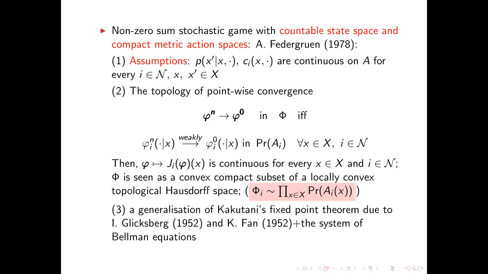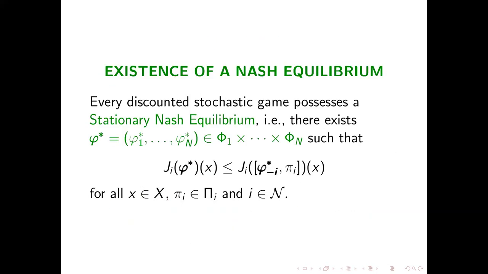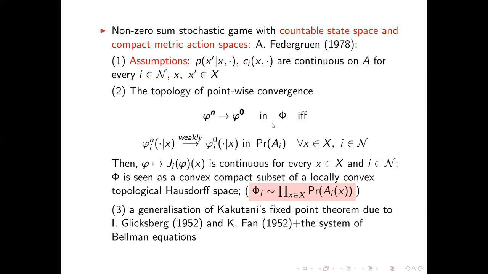So we say that the stationary strategy profile phi n converges to some profile phi 0 in Phi, where Phi is a product set of the stationary strategy sets of the players, if and only if for each component we have weak convergence of the probability measures.